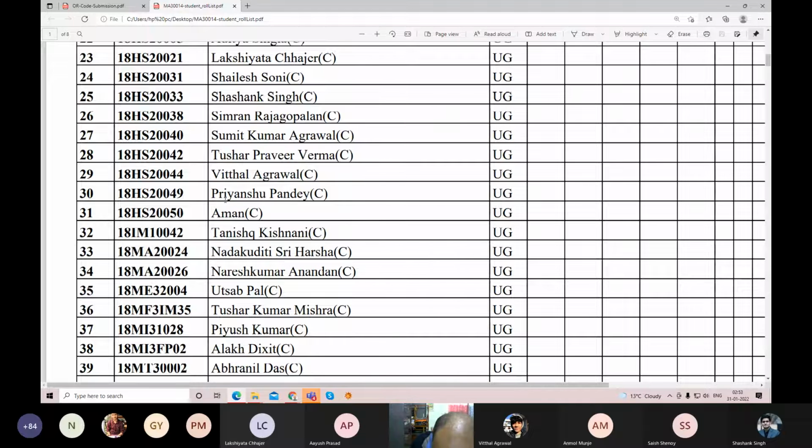These 2 only. 27 also present. So I'm making Priyanshu Pandey the group leader, because it will be easier for me to search serial wise. And this roll list also I will pass to everybody.